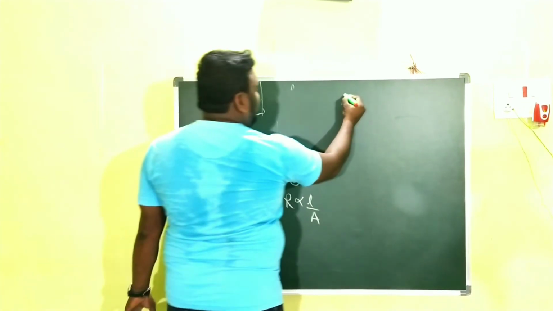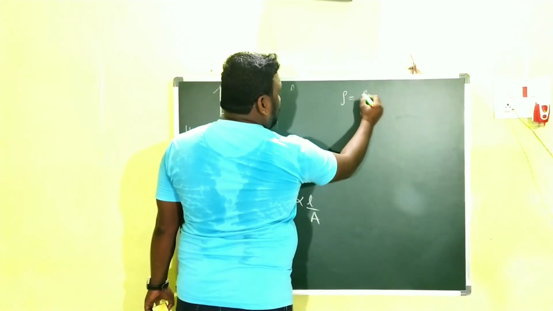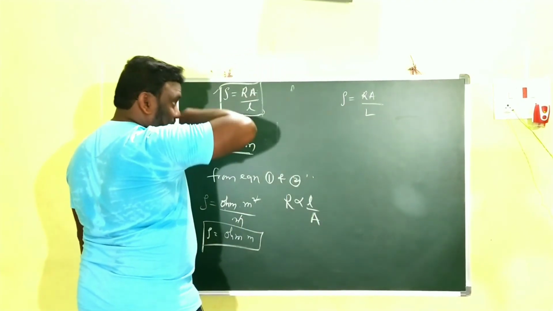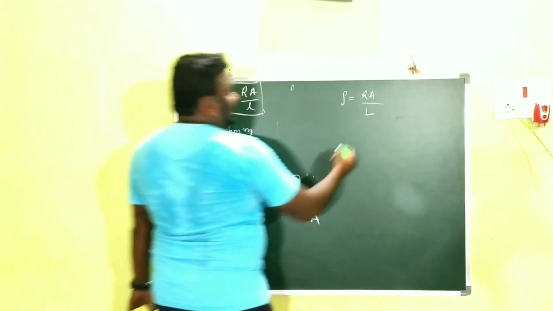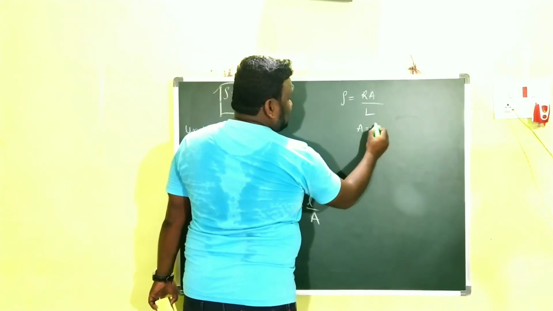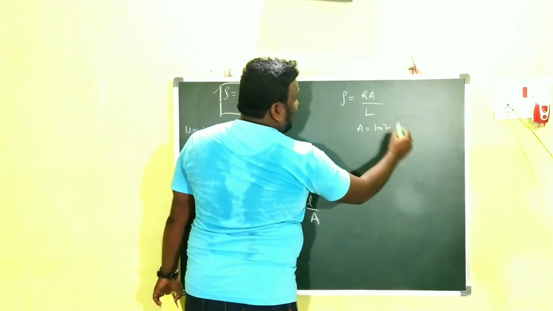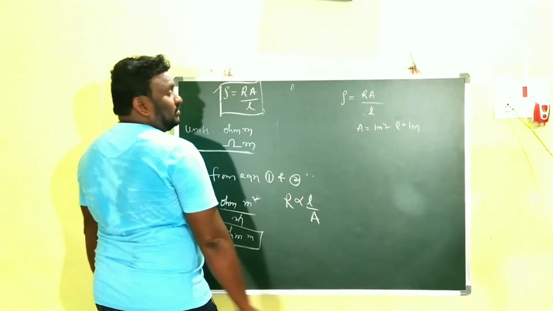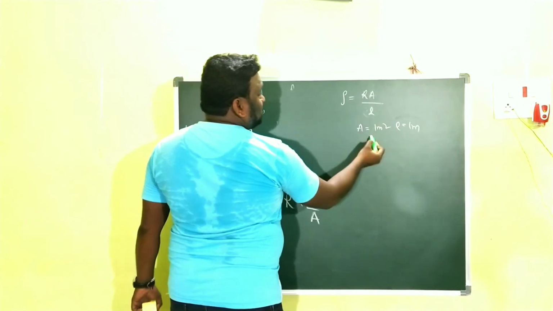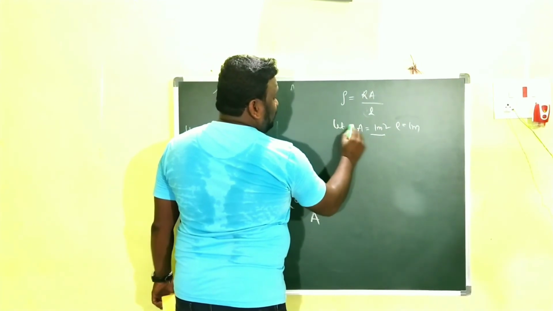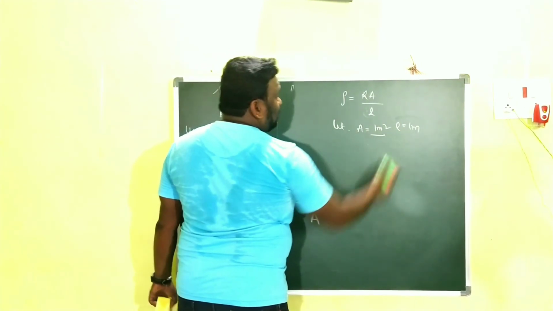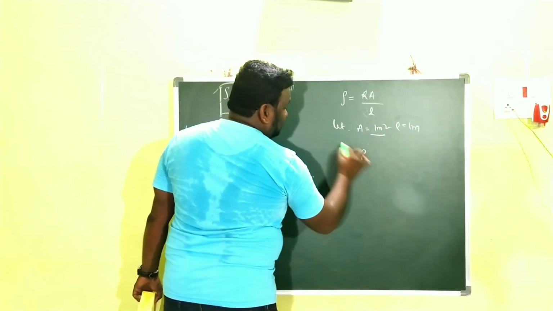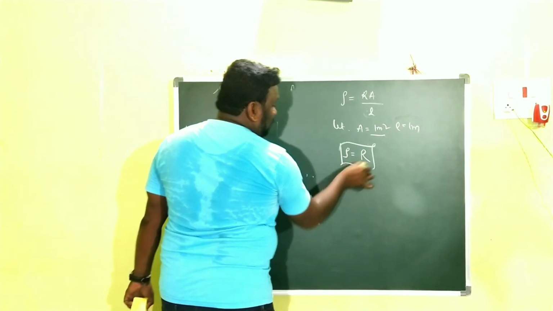For that, rho is equal to RA by L. When A is equal to 1 meter square and L is equal to 1 meter, then what do you get? Rho is equal to R.